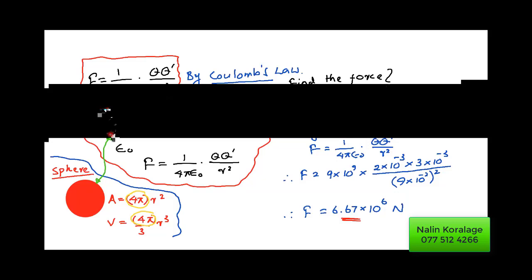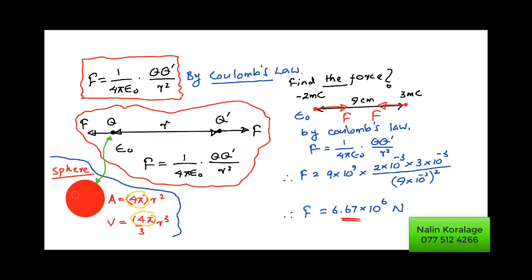Actually, this point charge is obtained by compressing a spherical object equally from all directions. Compress a sphere equally from all directions and you are going to end up with what? With a point.